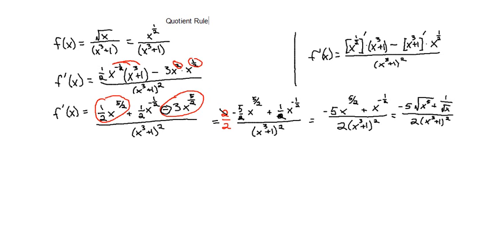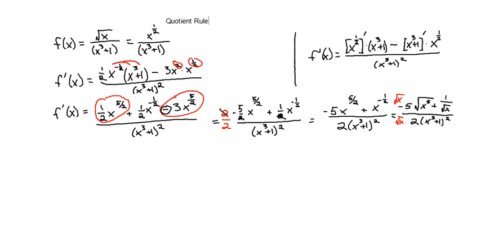As you can see, there's 2 square roots up here in the numerator. It'd be nice to get rid of those, and so what we're actually going to do is multiply by the square root of x on the top and on the bottom. And that will cancel out both square roots and make this look a whole lot nicer.